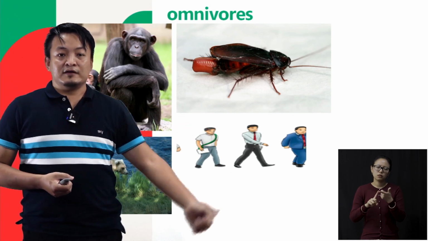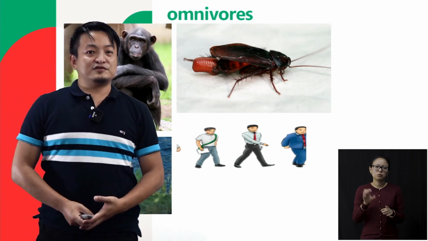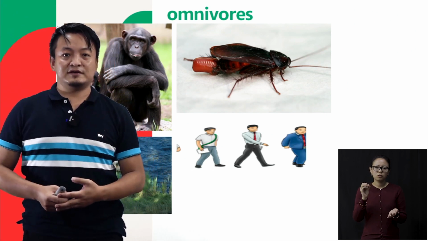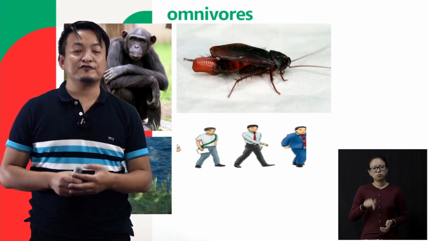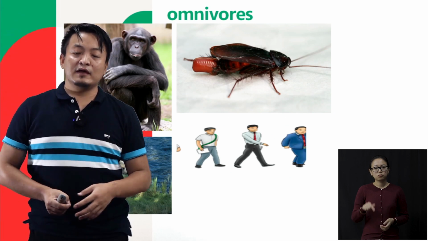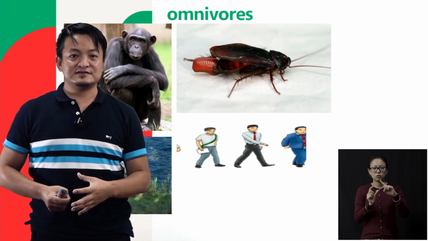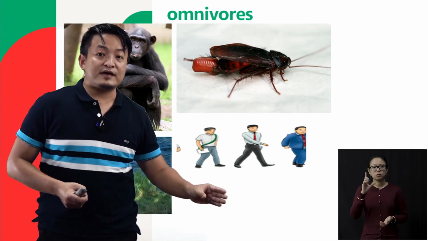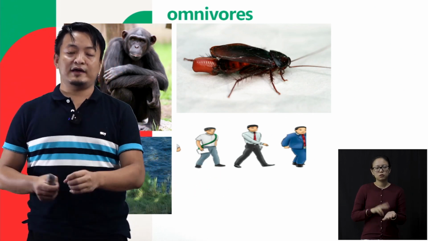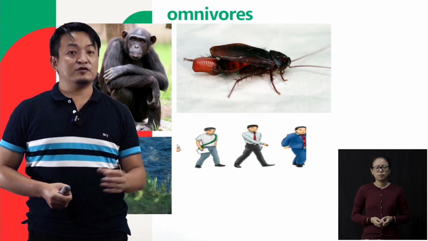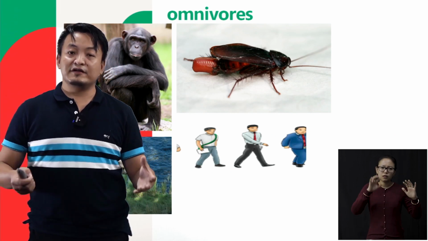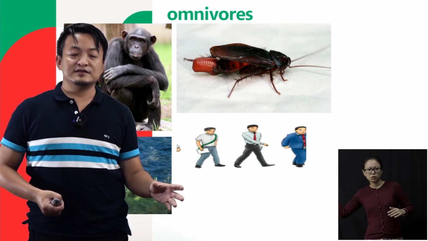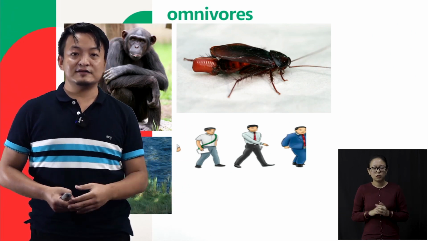Okay, so students, that comes to the end of this chapter. From this chapter, we have learned about living things, right? We have learned the difference between domestic animals and wild animals. Domestic animals live near our neighborhood, and wild animals live in the jungle, right?